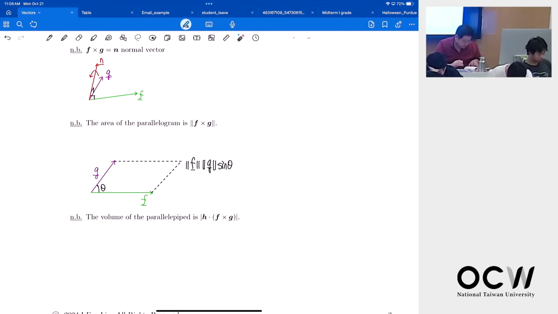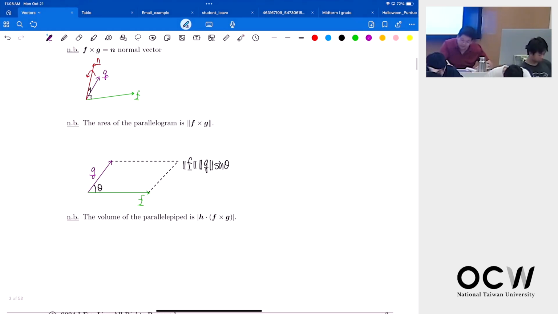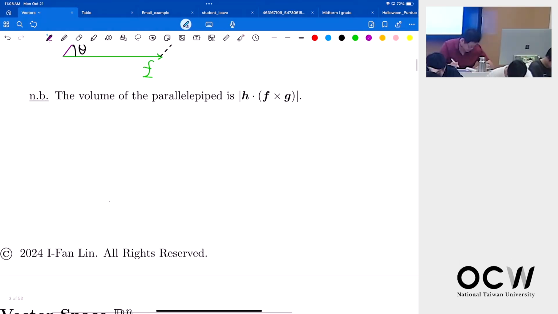So if I have vector g, here's the vector g, and this is vector f. Then f cross g.